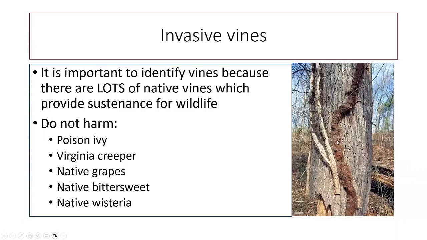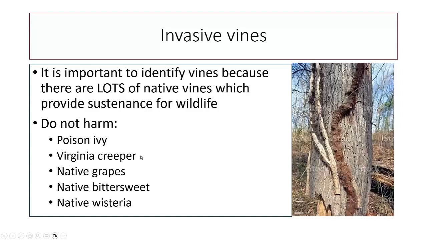The poison ivy is this hairy thing. Now, I'm saying do not harm poison ivy if it's in locations where it's not going to cause small children to break out in nasty rashes. Poison ivy in the woods is great because the birds love its berries. In your yard, it's probably not so much fun.